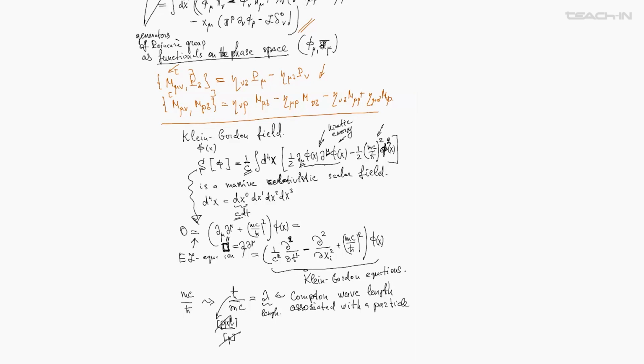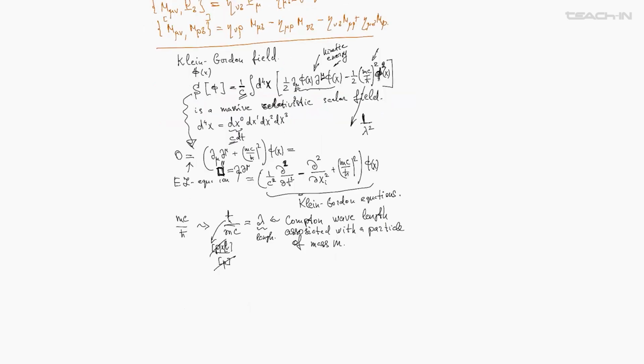So strictly speaking, what is standing here is not a mass, it's an inverse Compton wavelength. But usually people prefer to work in natural units, where ħ and the speed of light c are taken to be equal to 1. This is what is called natural units.